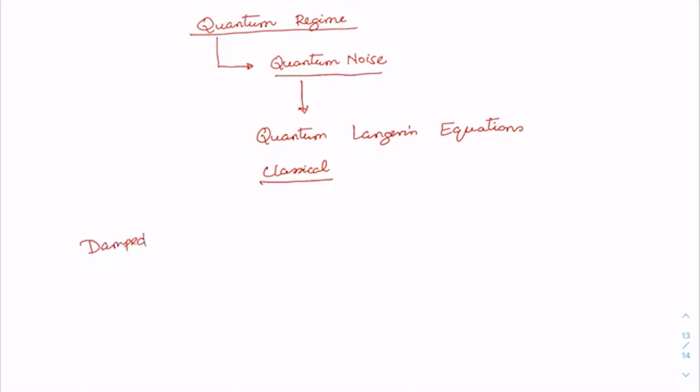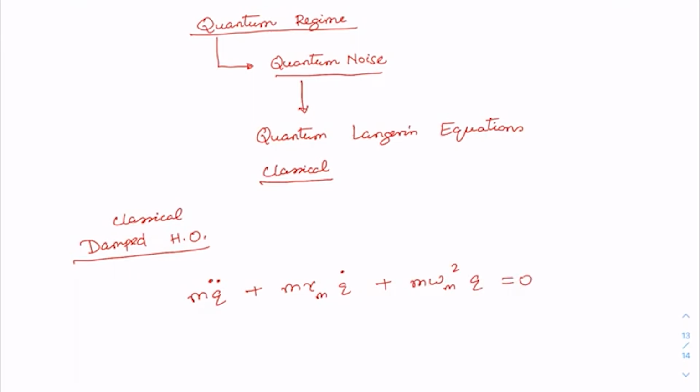Here I am going to discuss once again the classical damped harmonic oscillator, and we'll see the shortcomings of the usual model. The equation of motion for the damped harmonic oscillator is this: m q double dot plus m gamma m q dot, this is the dissipation term, plus m omega m square q is equal to 0.